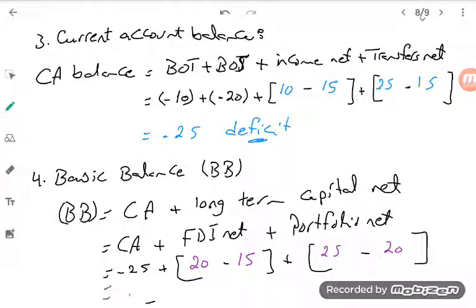So the net will be negative 15. So this is basic balance.